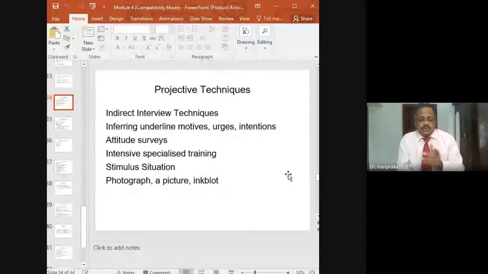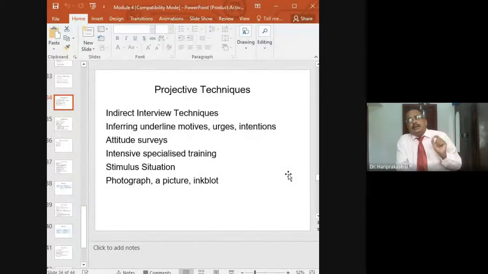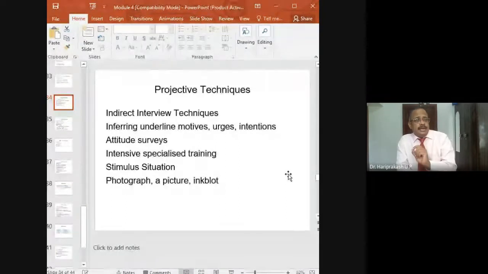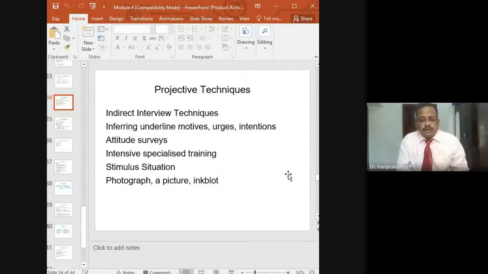So questionnaires for personality, attitude, motives, intentions can be prepared, but getting the data may not be that easy. You cannot really add much value to your research.